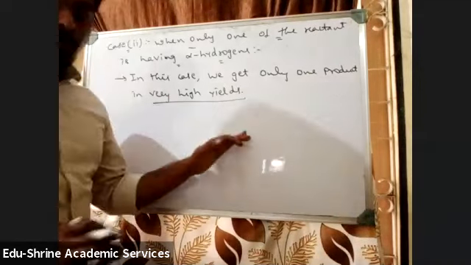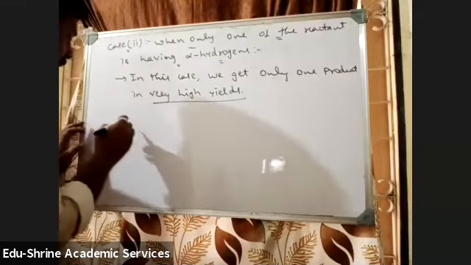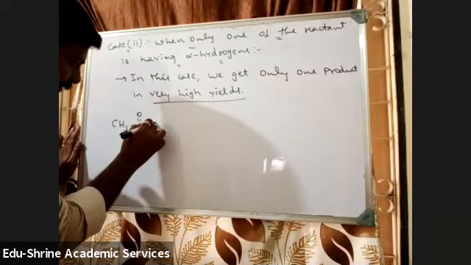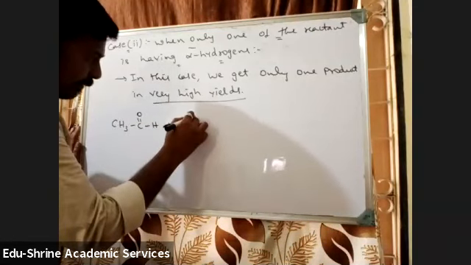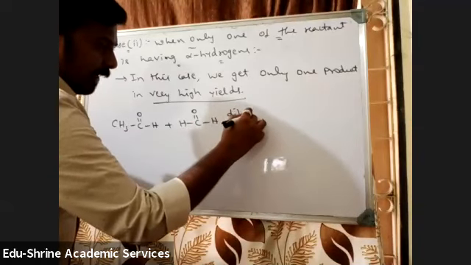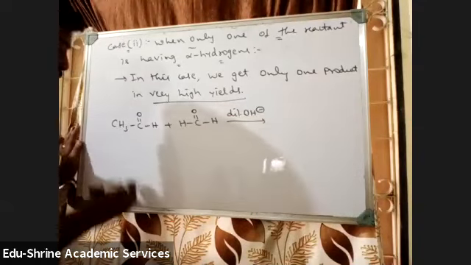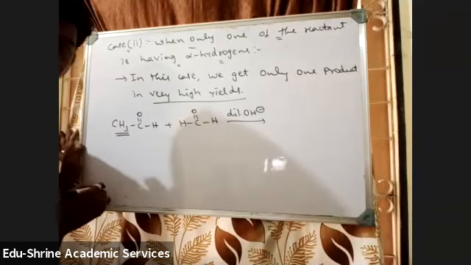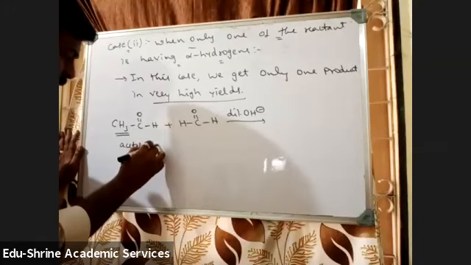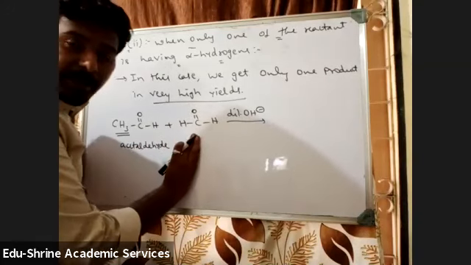Okay. For example, friends, listen here first. If I take CH3 C double bond OH and HC double bond OH, this reaction is done in the presence of a dilute alkali. Now you can see this compound is containing alpha hydrogens. So this is acetaldehyde. Does formaldehyde contain any alpha hydrogens?